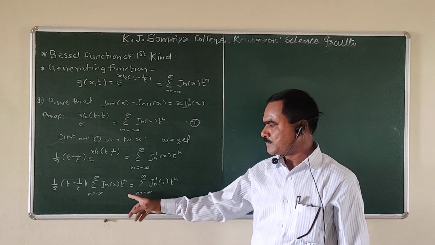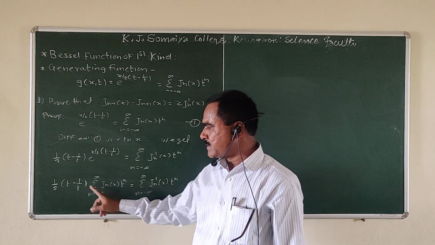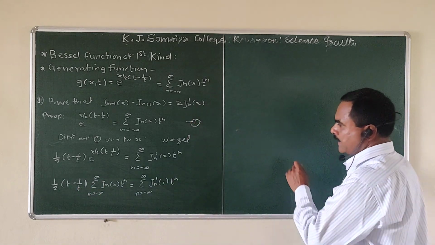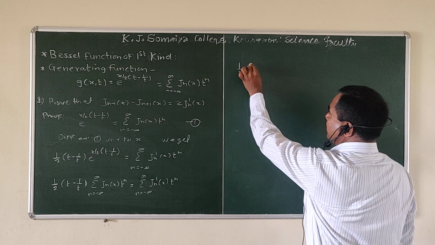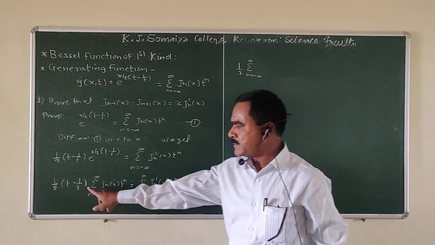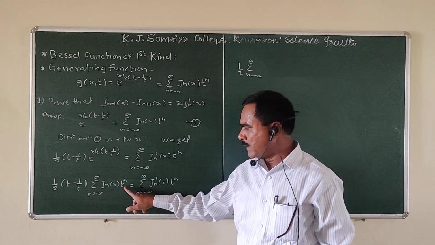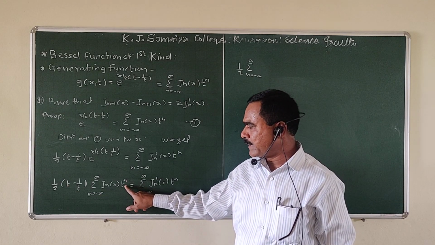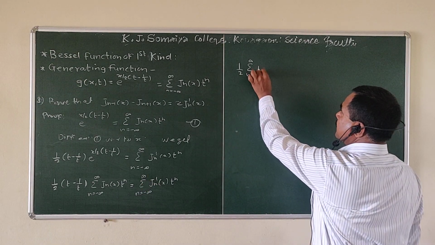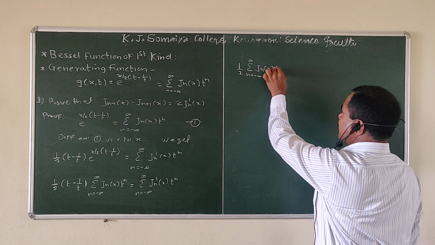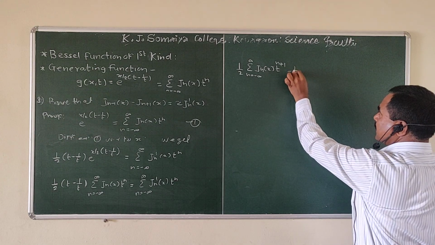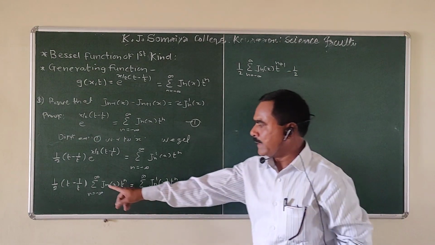Then in the next step we multiply this power series by the first term and then the second term. So right here, 1/2 summation n from minus infinity to plus infinity, here is t, and the power of t is n, so we write t raised to n plus 1, J n of x t raised to n plus 1, then minus half, then there is 1 by t.